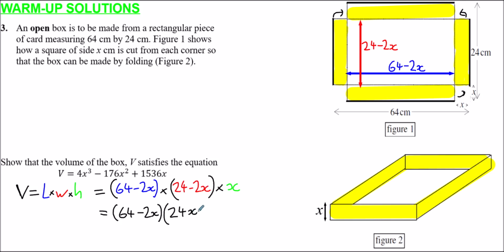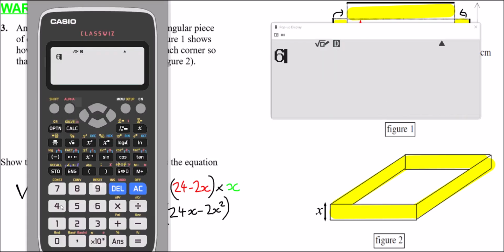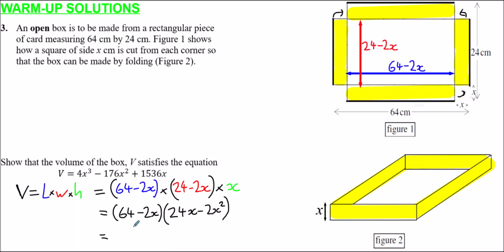Minus 2x times an x is minus 2x squared. Now I can expand out using the standard GCSE methods. First of all, 64 times 24x. I wouldn't do this without a calculator. 64 times 24 gives us 1536, so we've got 1536x.